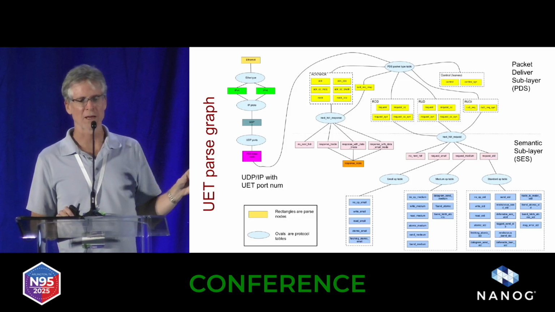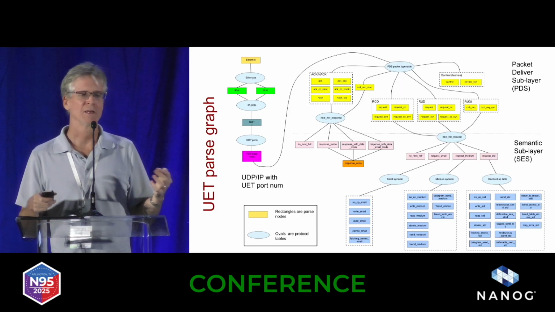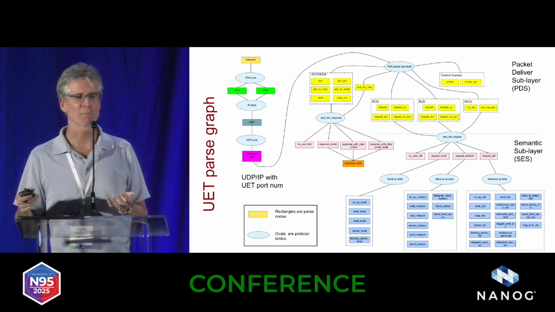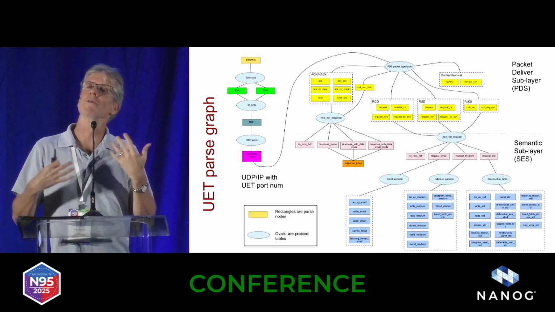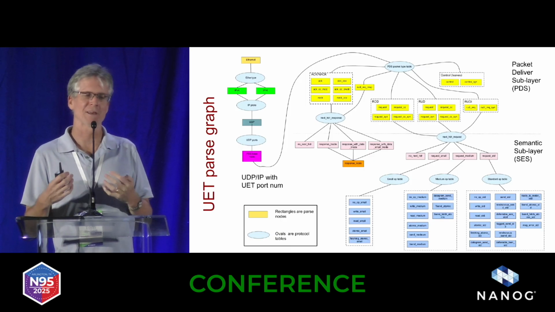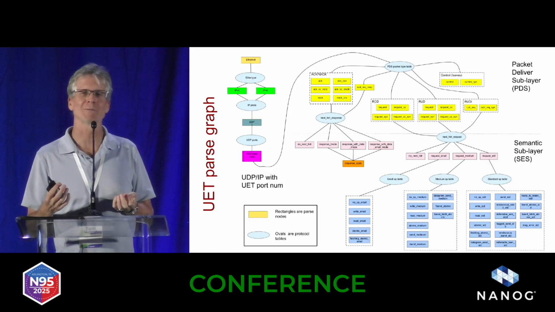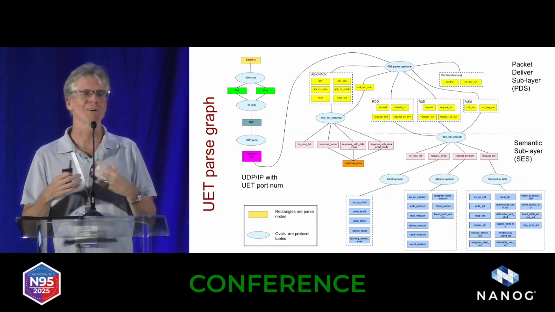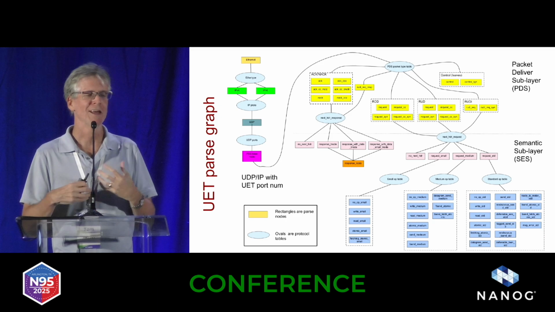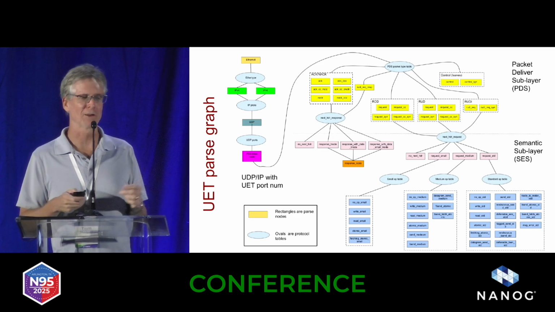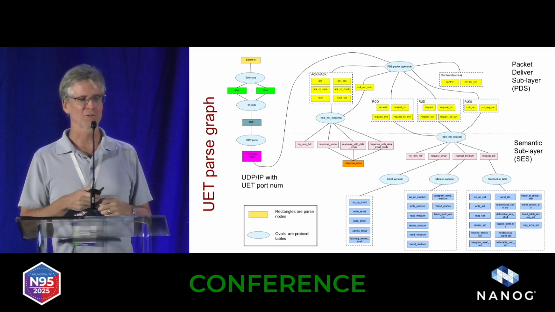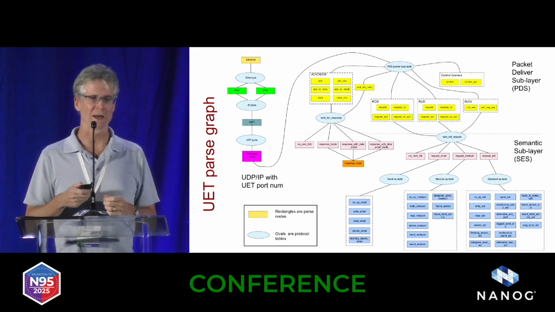And then we go to the semantic sublayer, it's the same thing. You have different classes with many different packet types. So this is not simple. It's actually more complex than TCP. So it's one thing to consider, especially when we get into something like parsing, how do you efficiently deal with that level of complexity? And all of this is just part of the stack on the left, which is more the whole stack.